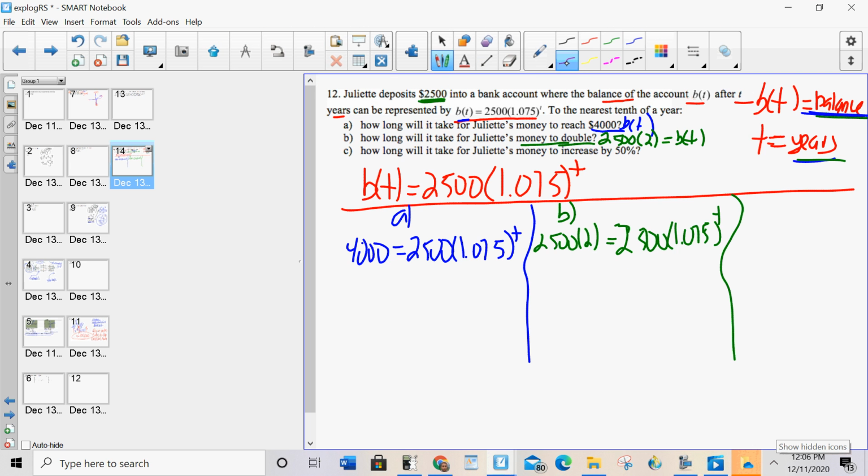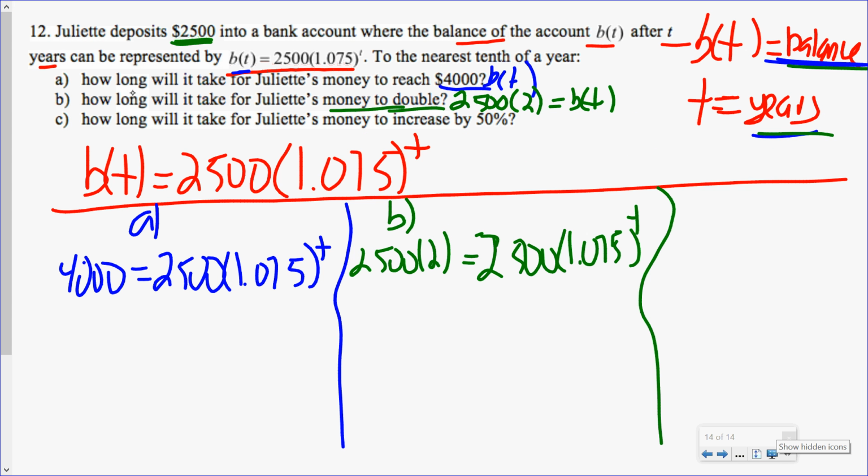C, how long will it take for Juliet's money to increase by 50%? Well, again, it's not giving me years, it's indirectly giving the balance. If it's increasing by 50%, I do 1 plus 0.5, which is 1.5.